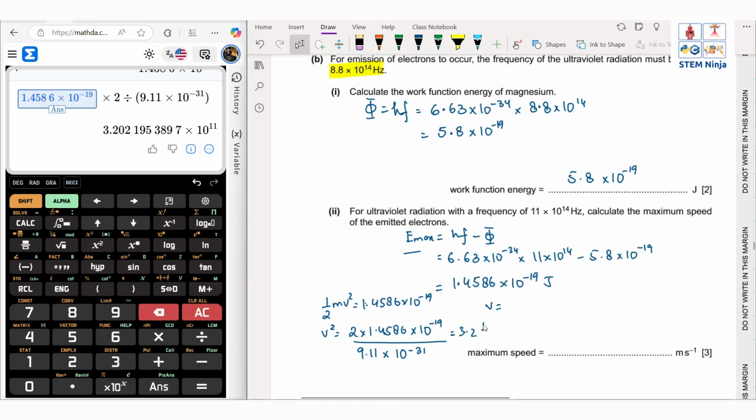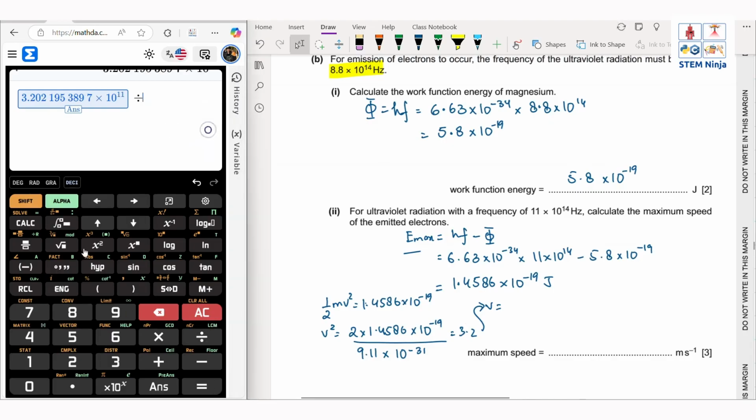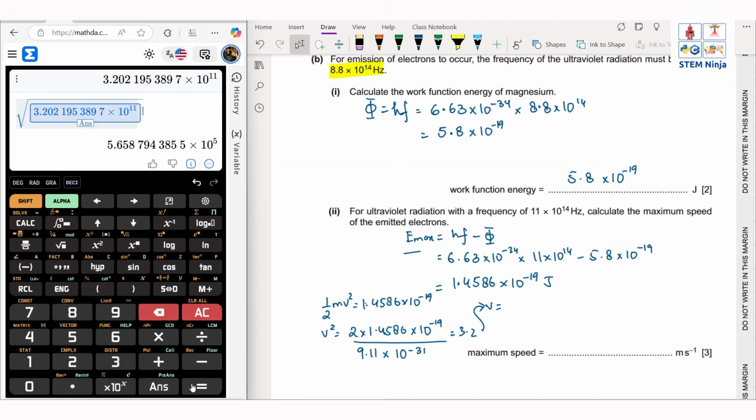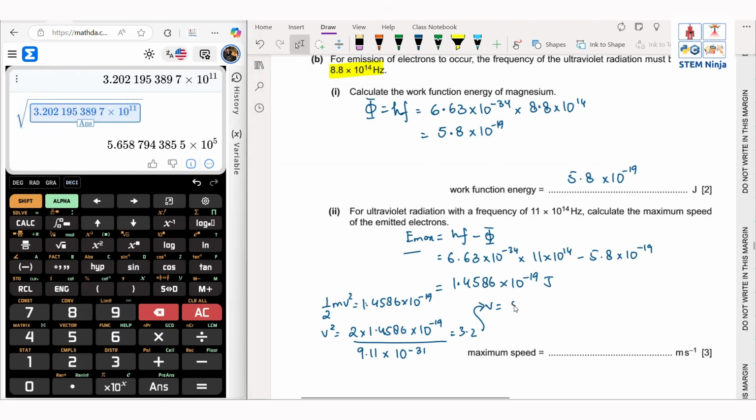Now we need the v, that will be the square root of this answer. So 5.65658 × 10^5. So this is roughly 5.7 × 10^5 meters per second.